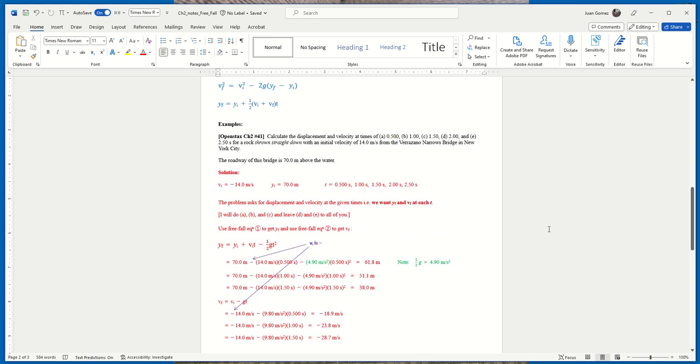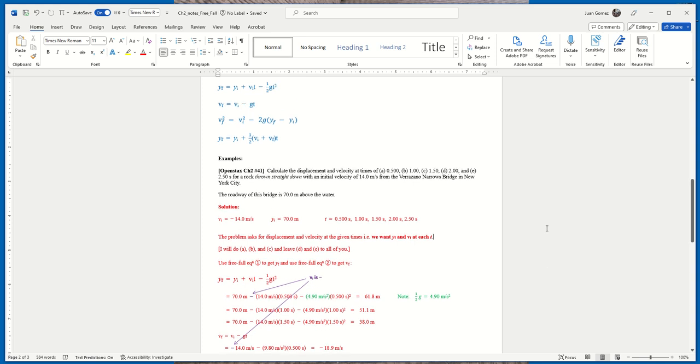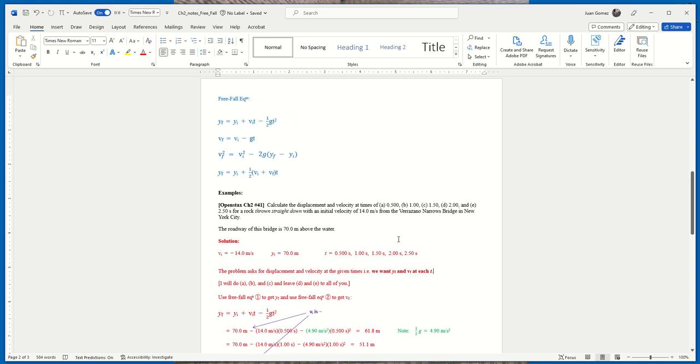Let's do YF first. Let's look at the 4 equations. I can use equation 1. I can't use equation 2 because YF is not in equation 2. You could try equation 3 because there's a YF there, and you could try equation 4 because there's a YF.